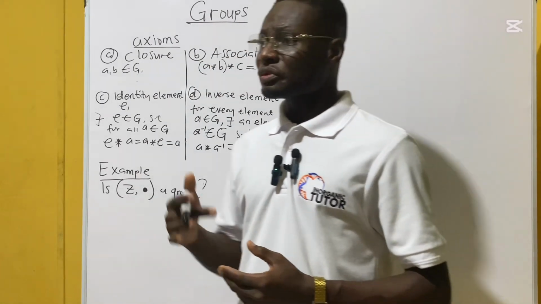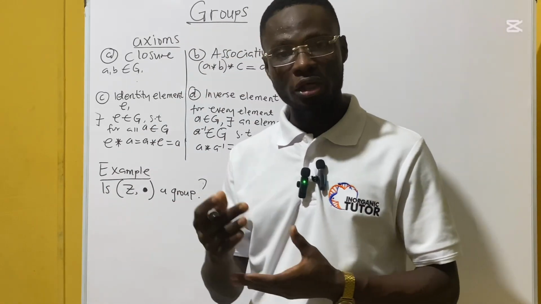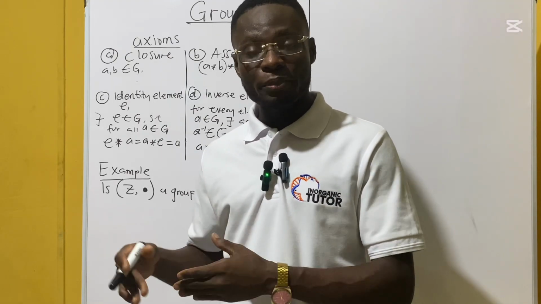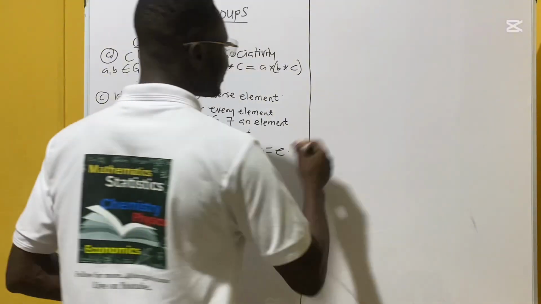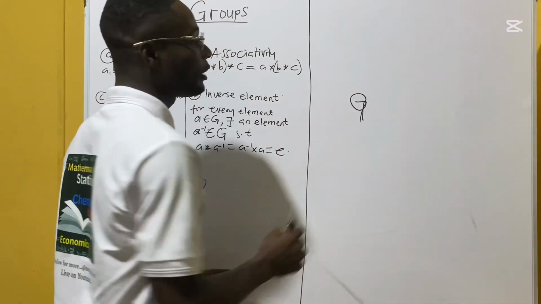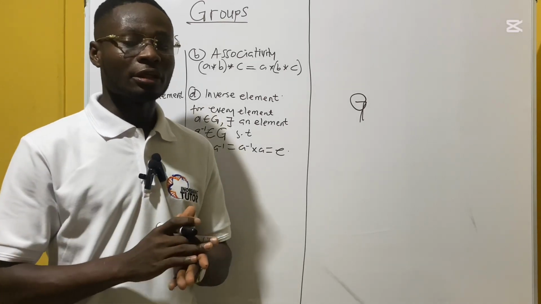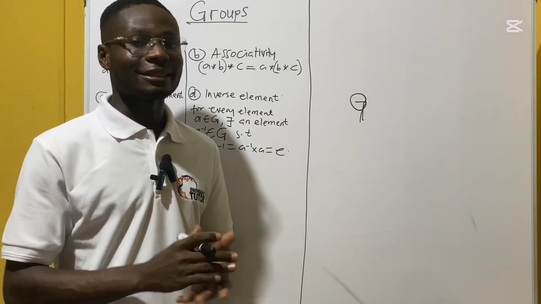Once we come to talk about groups, what you have to know is that formally, a group is a set, say G, equipped with a binary operation. Usually, we denote this binary operation as star.